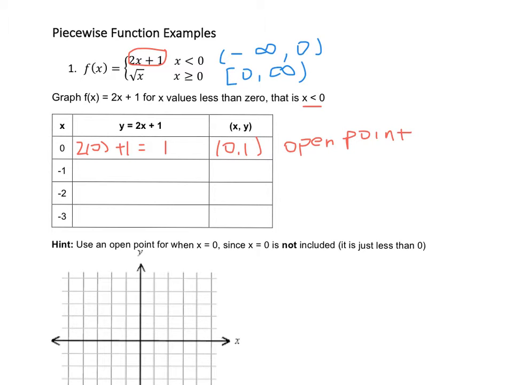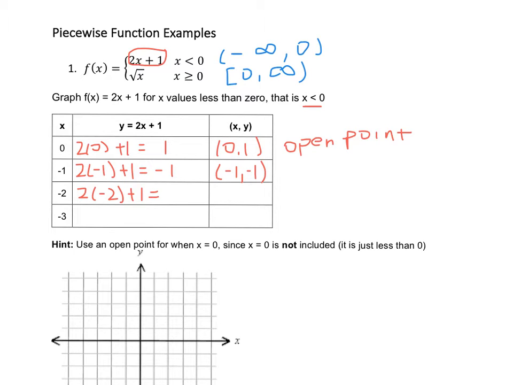All right, now let's plug in negative 1. So we have 2 times negative 1 plus 1. Well, that's negative 2 plus 1, so we get negative 1. So that's the point (negative 1, negative 1). Plug in a negative 2 for x.